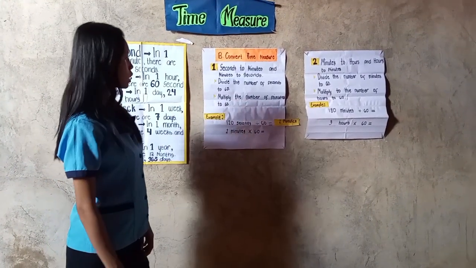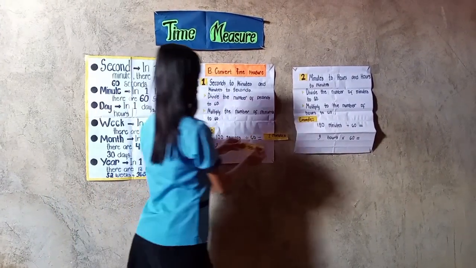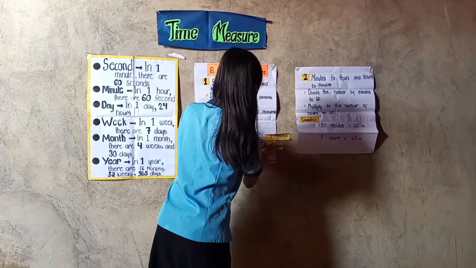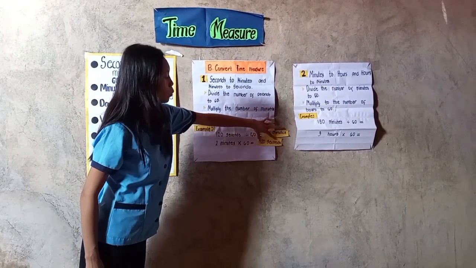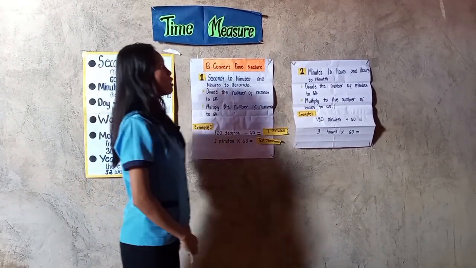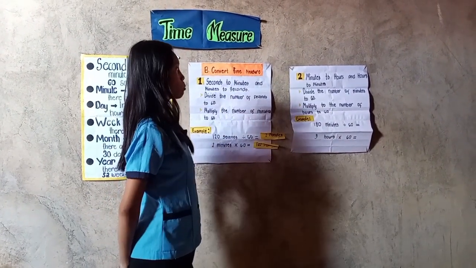So 2 minutes times 60 equals 120 seconds.